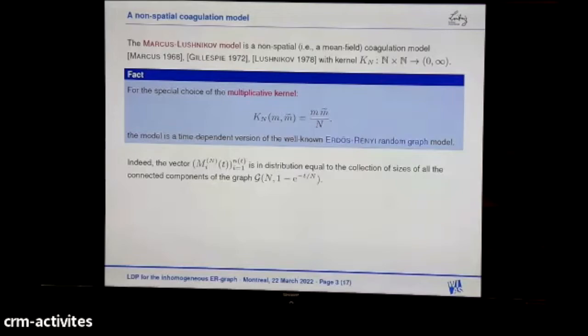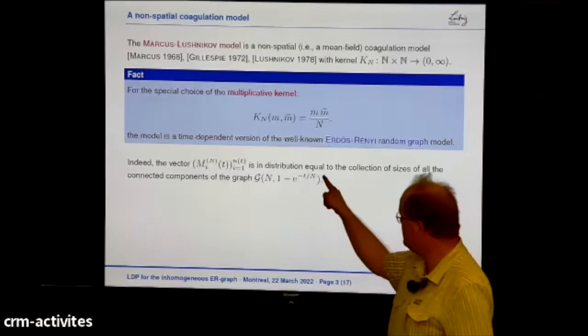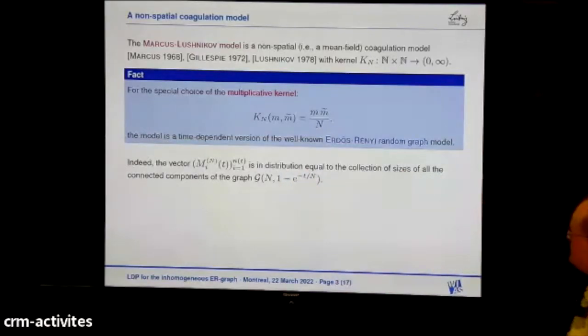So here there's no space. Forget the axis for a while. This is just the standard Erdős–Rényi graph. More precisely, the probability for having a connection like that is 1 minus e to the minus t over n. This is roughly t over n. So we are in the sparse Erdős–Rényi graph.